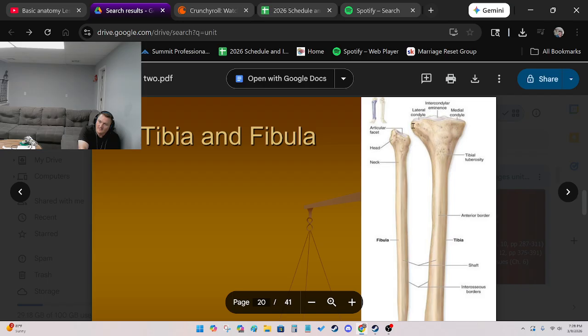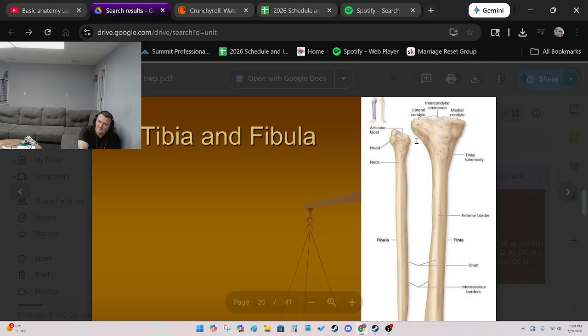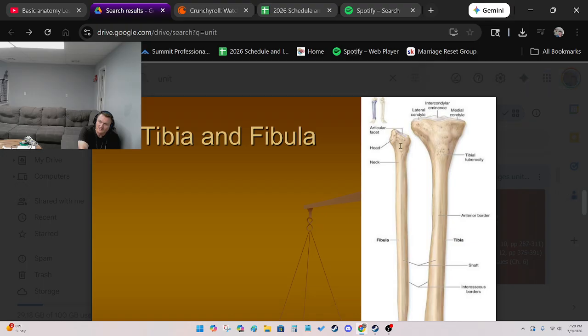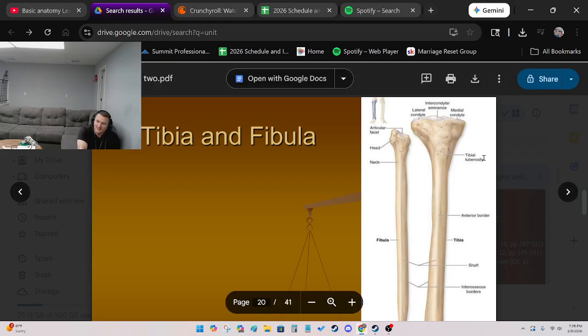It has condyles, and there's the top of the tibia. Really, the knee joint is between tibia and femur. There really isn't a lot going on here with the fibula. It sort of attaches to the tibia and helps support. I'm just here for moral support. It's really not doing a whole lot.